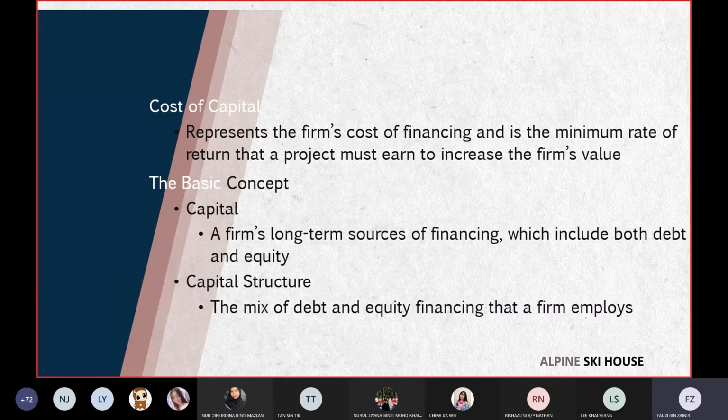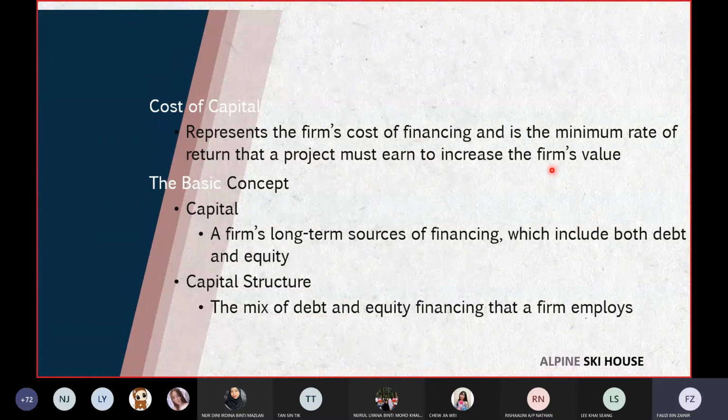Let's start with the definition first. What is the cost of capital? It represents the firm's cost of financing, and the minimum rate of return that a project must earn to increase the firm's value. So the whole essence of this chapter is to measure the cost of financing so that it can be used to evaluate a project.